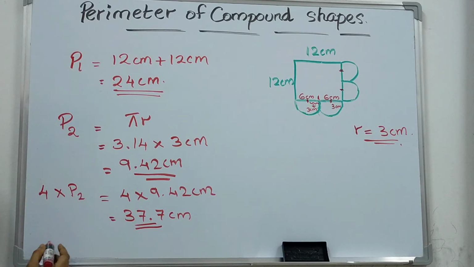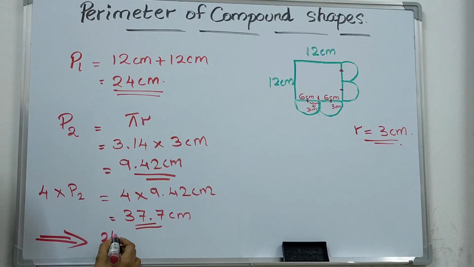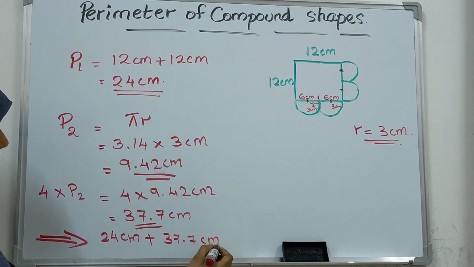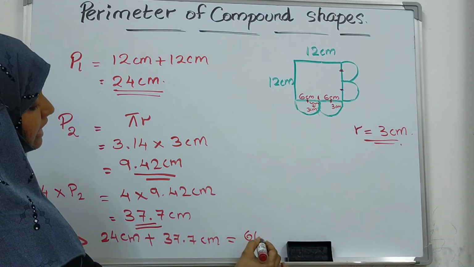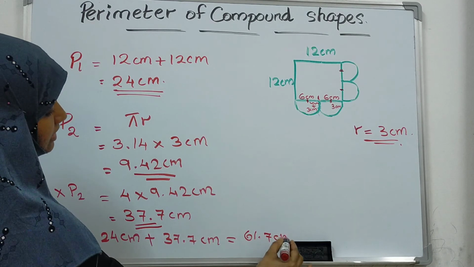By just adding. So the perimeter of the shape, you are just adding both P1 and P2, which is 24 centimeter plus 37.7 centimeter, and your answer will be 61.7 centimeter.